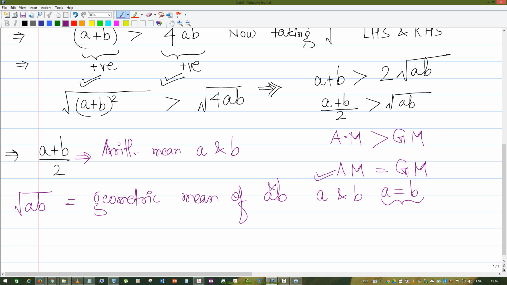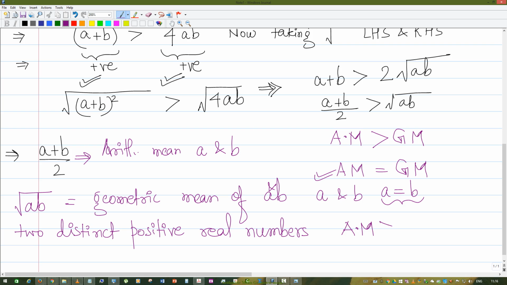Otherwise, in case of two distinct positive real numbers or real quantities, we will always have arithmetic mean strictly greater than geometric mean, and we can combine the results. We can say arithmetic mean is always greater than or equal to geometric mean.